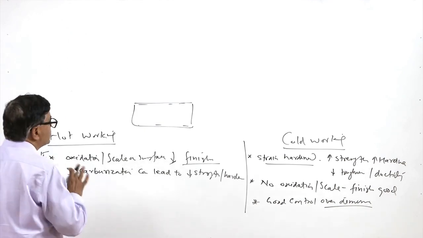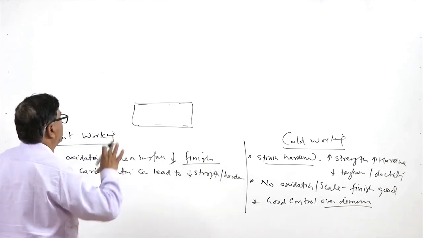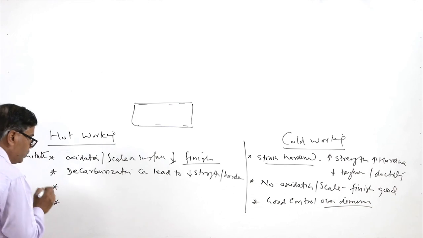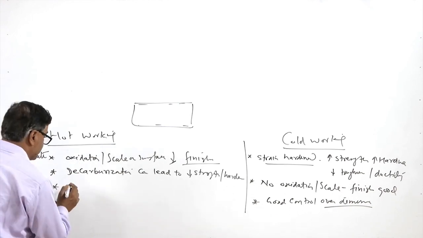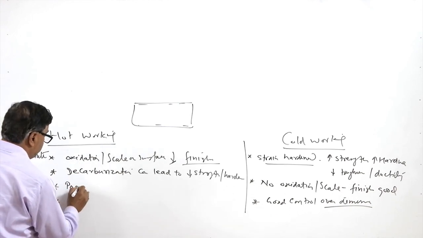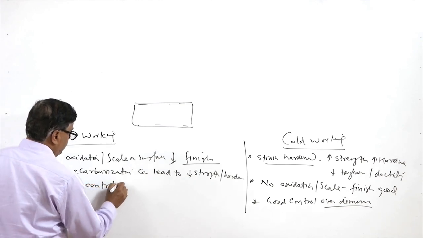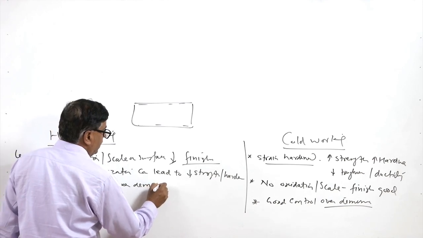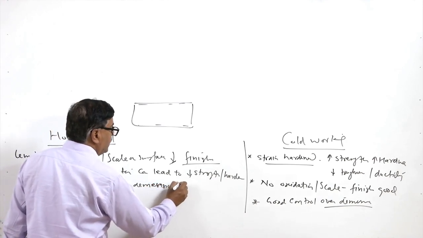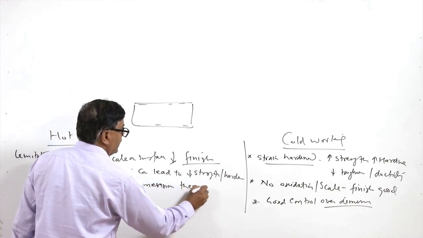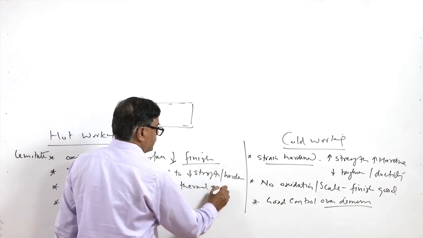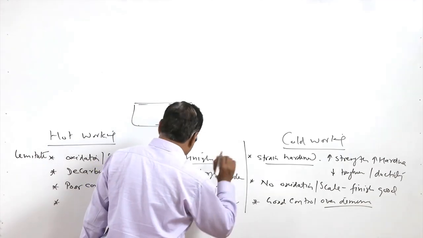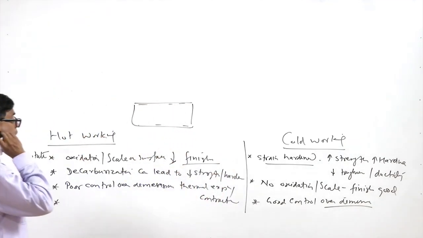Third one, since the metal is heated during the hot working, the thermal expansion will be leading to the less control over the dimensions. So, basically the poor control over the dimensions primarily due to the thermal expansion and contraction of the metal during the hot working conditions.